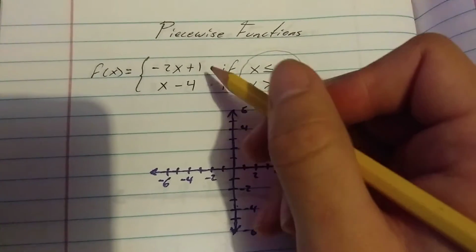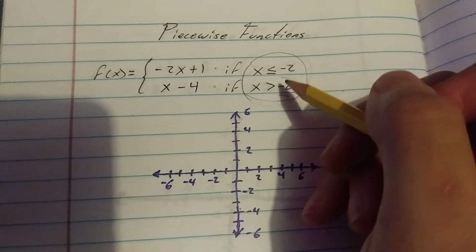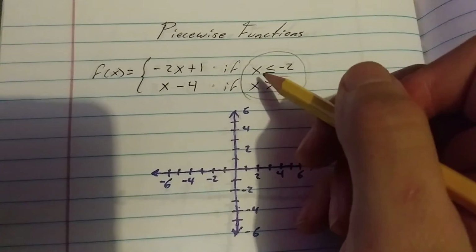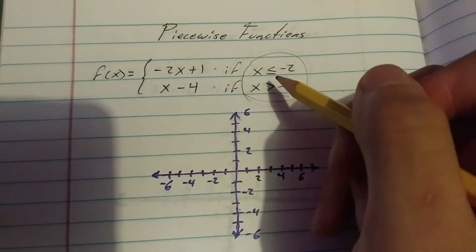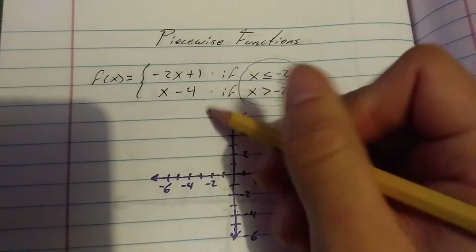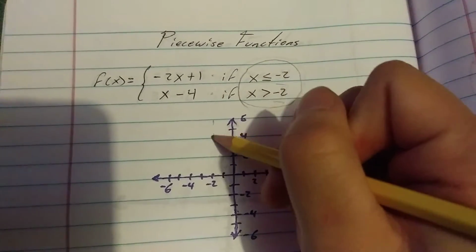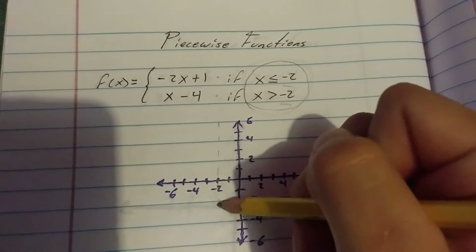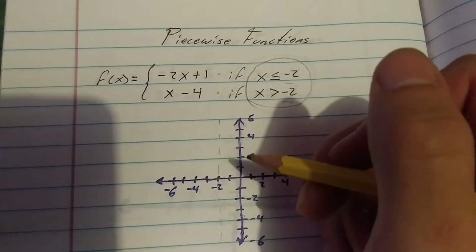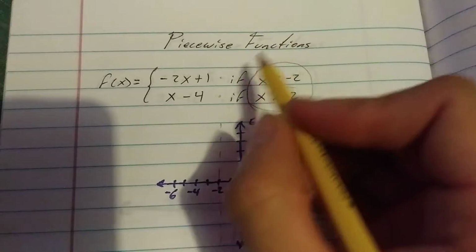In this case, we only have two functions, so there's only one value, and this is an x value, at -2. So at -2 something is happening. What I like to do is make an imaginary line going through -2. There's my imaginary line. Again, this is all about graphing.